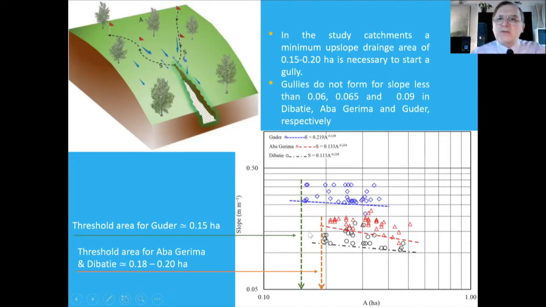So this diagram is also very useful because we can determine that in the study area, a minimum upslope drainage area of 0.15, 0.2 hectares is necessary to start a gully, and that gullies normally do not form for slopes less than 0.06, 0.09. So most of the gullies are in the range of gradient that is less than 10 degrees.